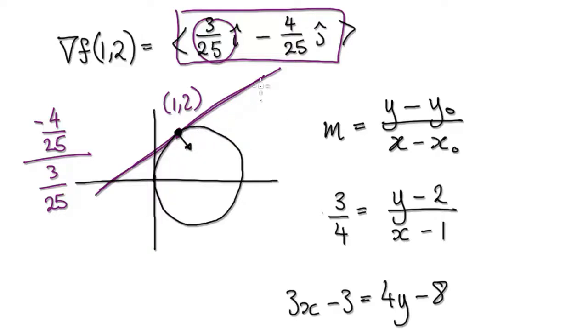But if you want to know the equation of the tangent line, you need to know the gradient of this tangent line. Does that make sense?